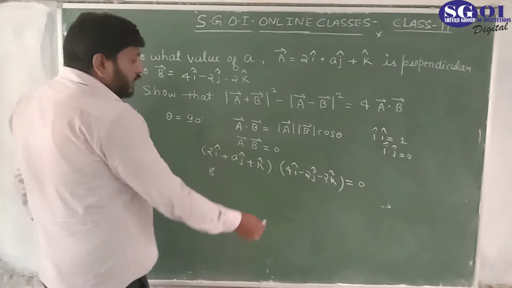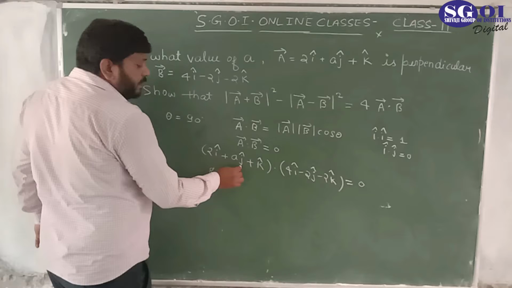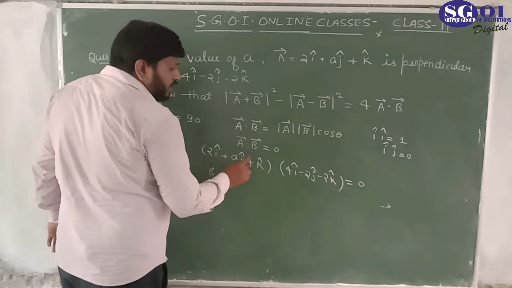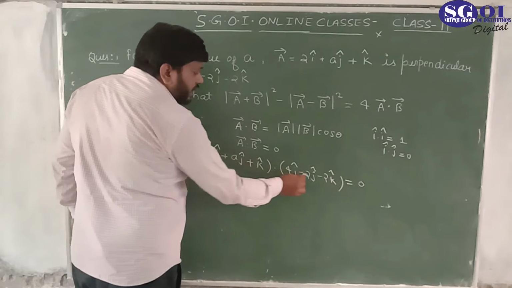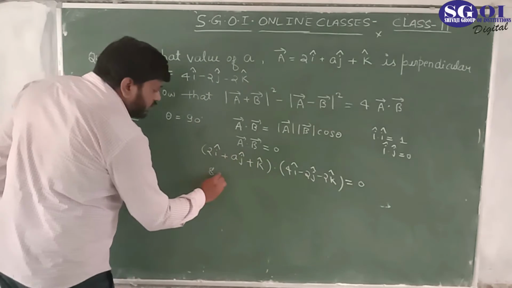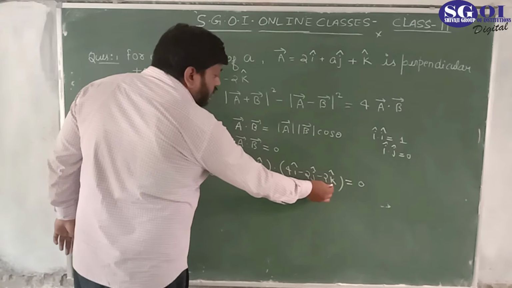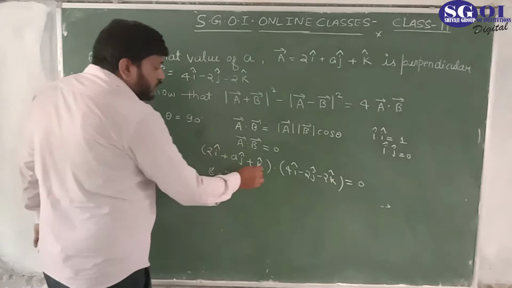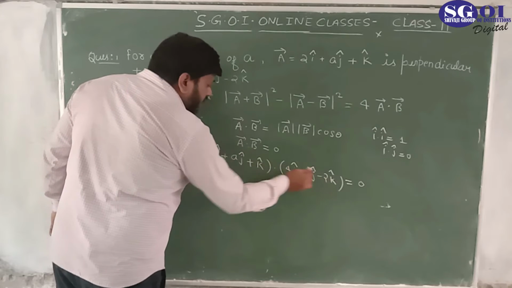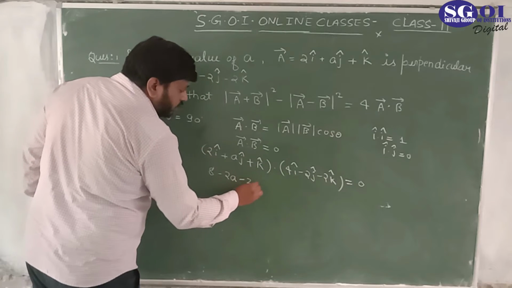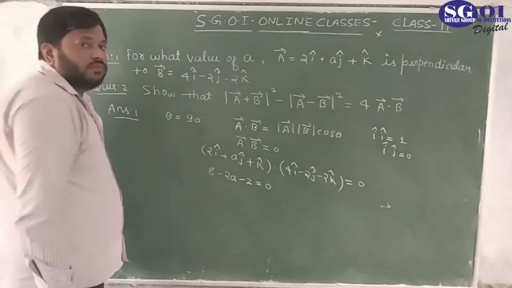In the same way, j dot j is equal to 1, and it is a times minus 2, which is minus 2a. In the same way, k dot k is 1, and 1 into minus 2 is minus 2.